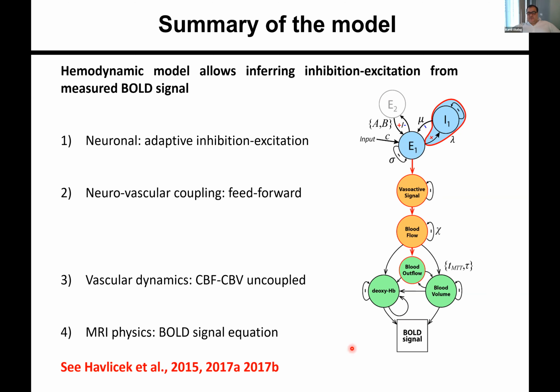Of course, as Jeremy has said, this is a simplification because we also have a direct contribution of inhibition to neurovascular coupling, but we have to balance model complexity, because we don't just want a model which can predict the BOLD signal, we want to invert it. If we introduce more parameters, then the model invertibility will suffer.